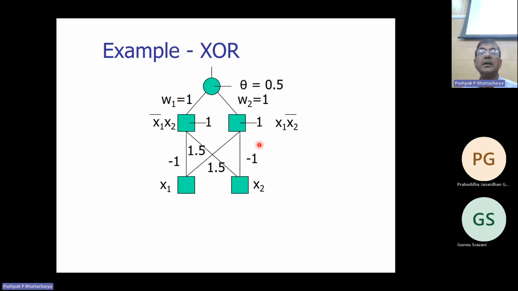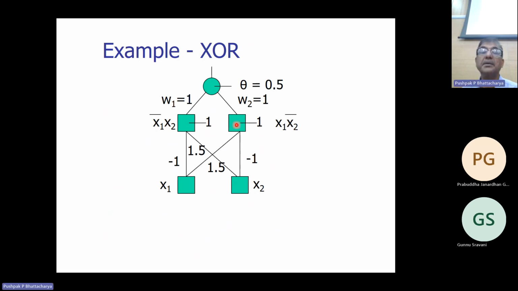Okay. You can also compute XOR through the AND function. So this can be the AND function, which is computable by a single perceptron. And this neuron computes x1 plus x2, OR. And this neuron computes x1 bar plus x2 bar, that is NAND of x1 and x2.